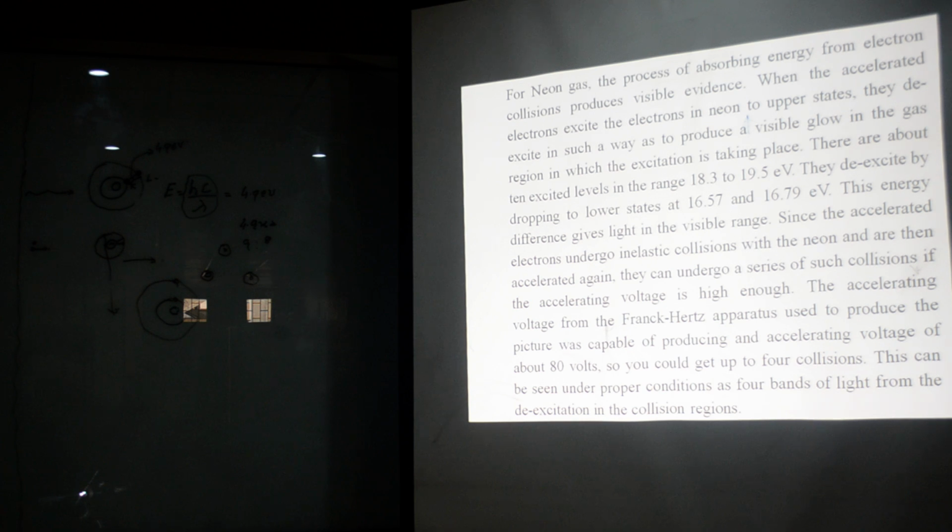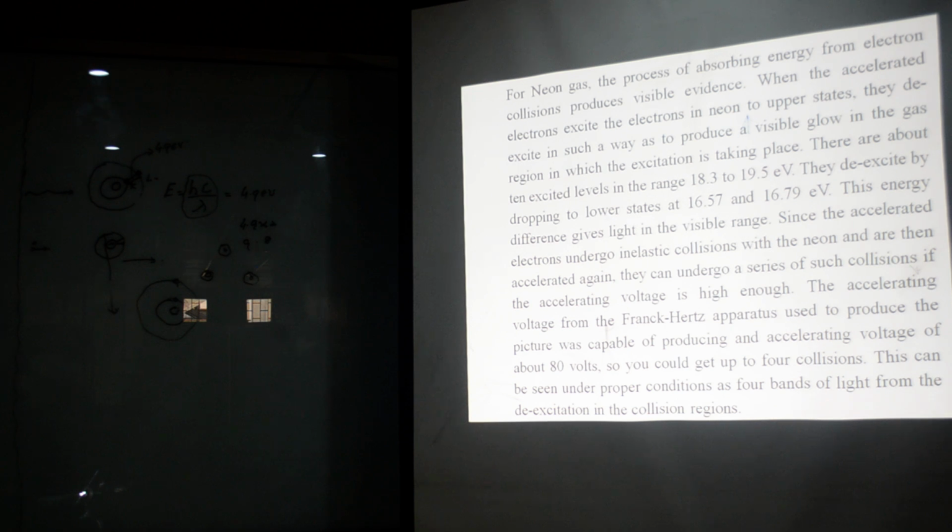You might have seen neon display tubes, so this is working on this basis. There are about 10 excited levels in the range of 18.3 to 19.5 electron volt. They de-excite by dropping to lower states at 16.57 and 16.79 electron volt. This energy difference gives light in the visible range.